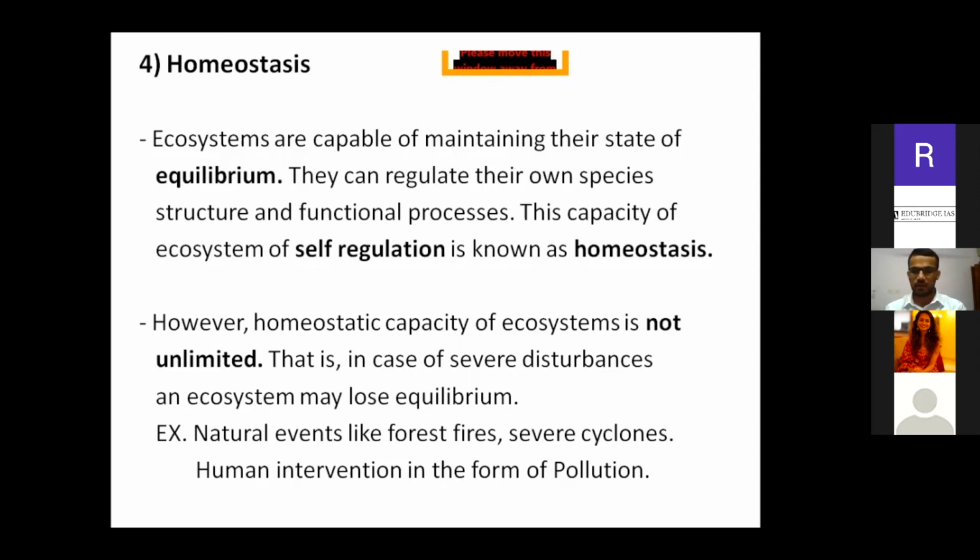Fine. Subpoint of this subpoint, and such species are known as edge species.